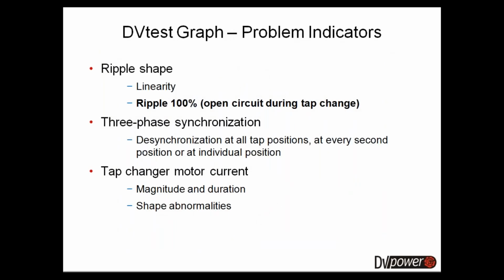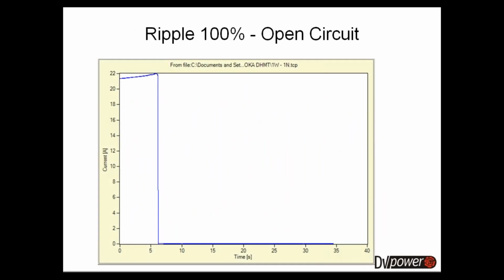And if you have a 100% ripple or something close to it, this means that one of the biggest problems in the tap changer operation may be present. Here you have an example of a complete open circuit where the current drops from a 20 amp value to 0 during the operation.